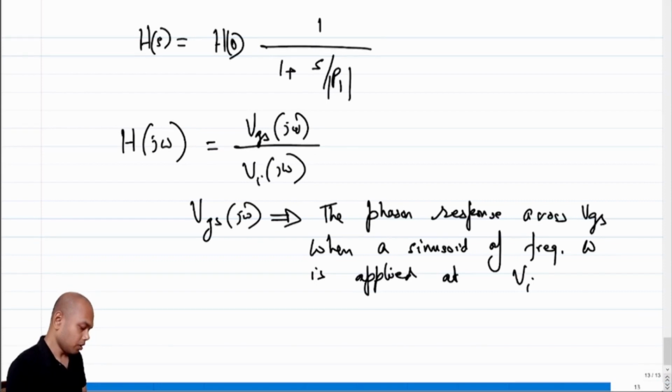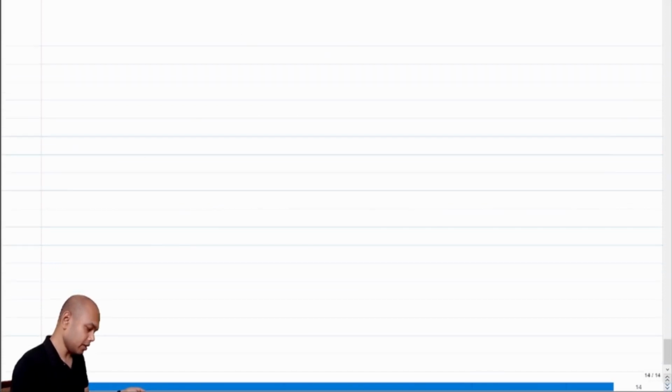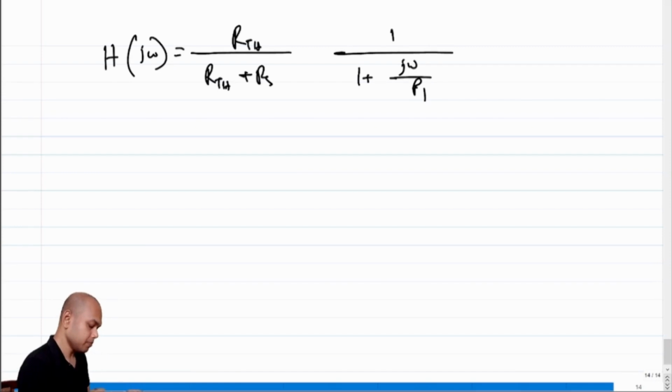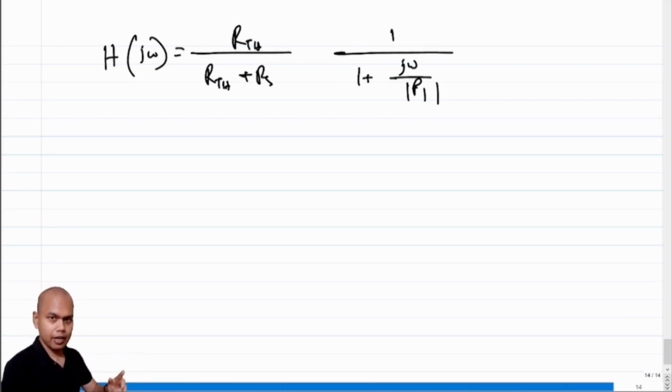Okay. So in our case, H(j omega) is RTH by RTH plus RS times 1 by 1 plus j omega by mod of P1. This is a complex term, so it will have a magnitude and a phase part.